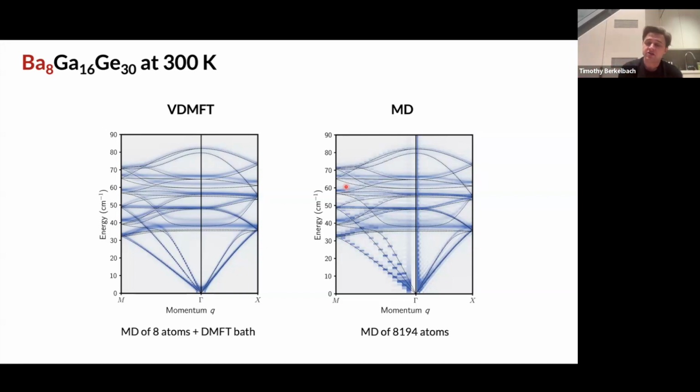If I'm using electronic structure to generate forces, then doing a single time step of molecular dynamics is whatever is the cost of the electronic structure. So that could become something like n cubed if I was using density functional theory to calculate forces. But roughly in your head, you can imagine that it's the ratio of system sizes, 8,000 over 8, raised to a polynomial power of 2 or 3.